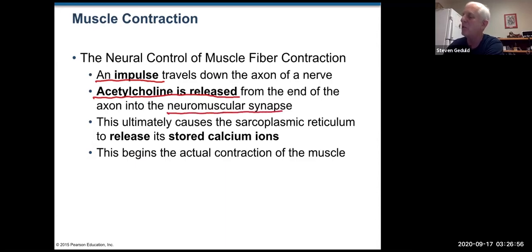This causes the sarcoplasmic reticulum to release the stored calcium ions. So the sarcoplasmic reticulum then releases calcium into the synapse. That starts the actual contraction. So it's not the nerve impulse that directly causes it. The nerve impulse at the end stimulates the sarcoplasmic reticulum, which releases calcium into that synapse. Calcium, in the presence of ATP, causes the muscle to contract.